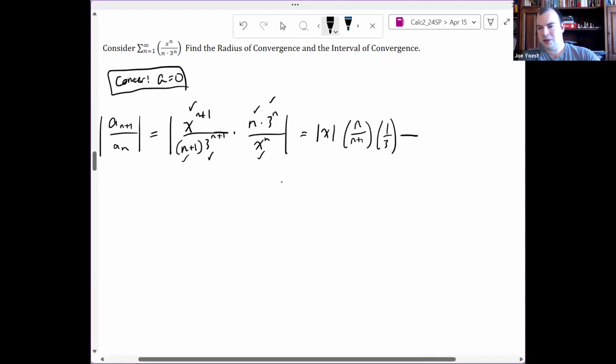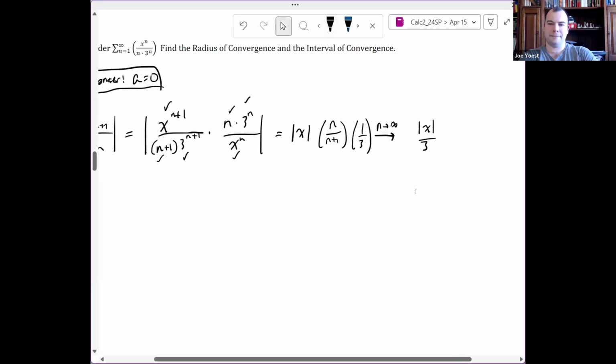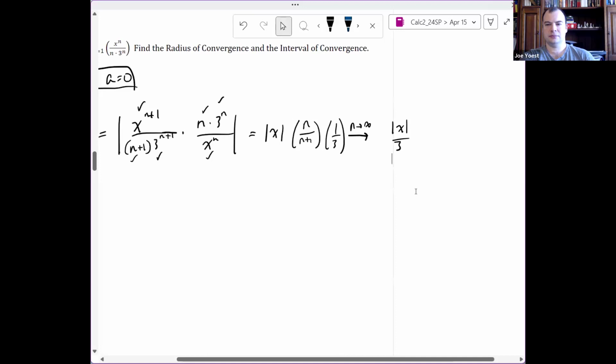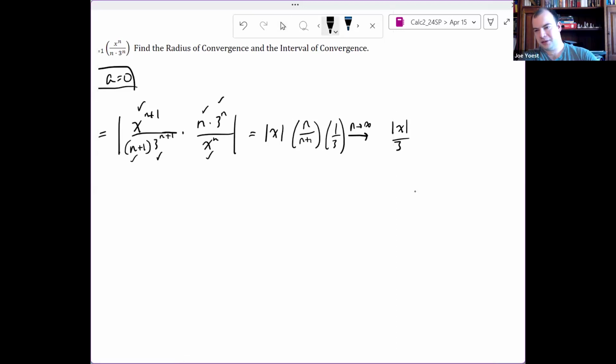What does this limit to as n goes to infinity? It limits to absolute value of x over 3. My ratio test says if this is less than 1, I converge; bigger than 1, I diverge; equals 1, inconclusive.